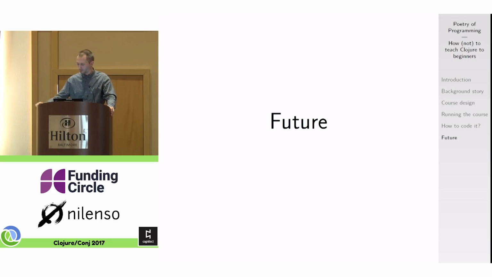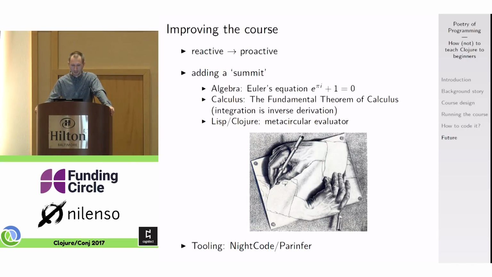Okay, I need to talk about what to do in the future. The course will be offered next winter and next spring semester, so it's an ongoing story, and I'm thinking a lot about how to improve the course. One thing is that I have to go from reactive to proactive. When I started this, I was convinced that the functional core of Clojure is the ultimate beginner language.